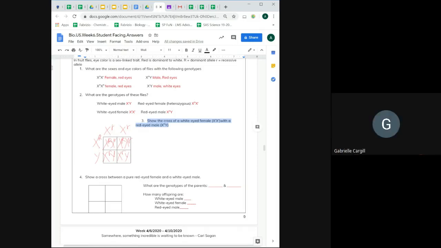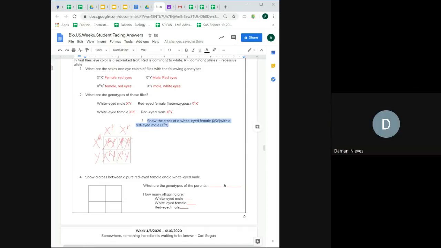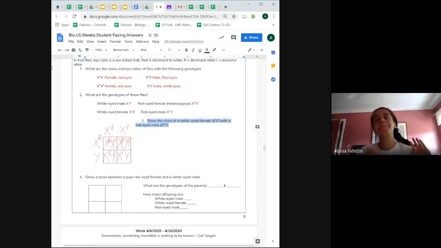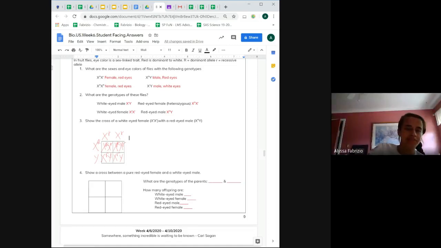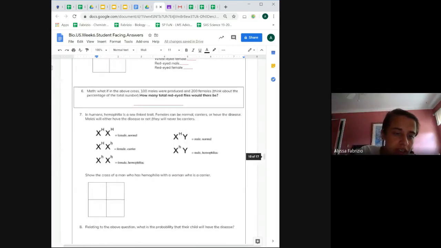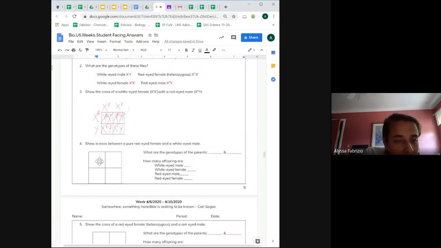So like I said before, males are more likely to show this trait because they only need one copy of the lowercase, whereas females would need two because they have two X's. So for the male to have red eyes, it has to have an uppercase R. It's male because it's XY, and female because it's XX. Yep, exactly. All right, so we can try this next one.